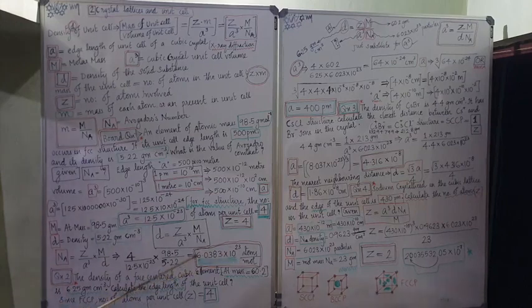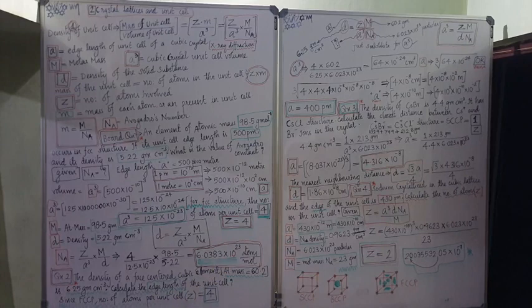This is an approximate value. You earlier know 6.023, but this will be accepted by our teachers. Just write this, because 6.038 or 6.02 or 6.03 will be accepted by our examiners.